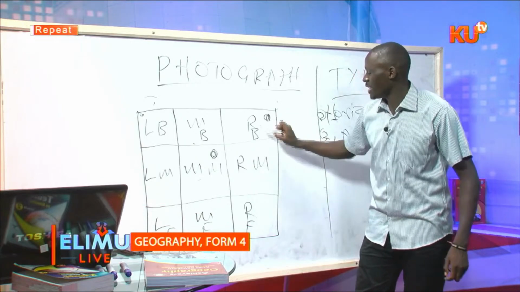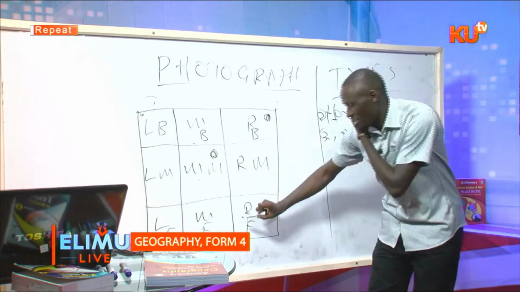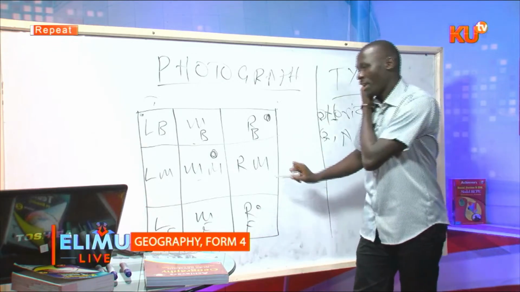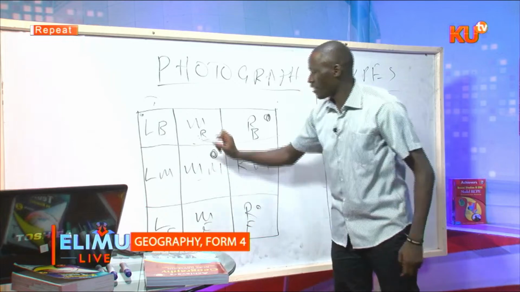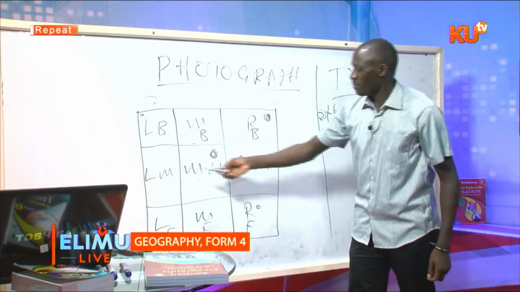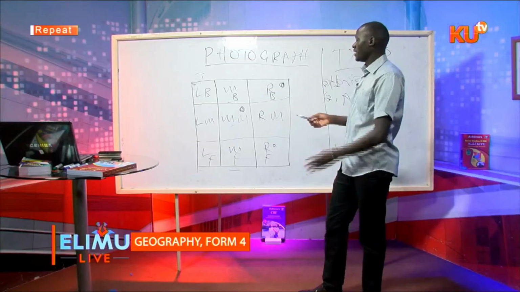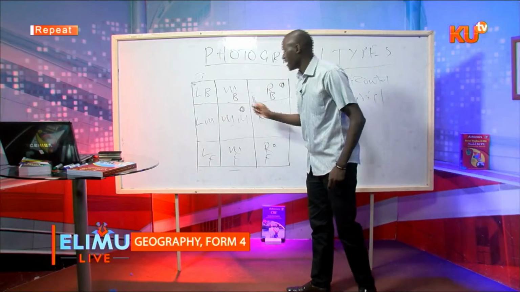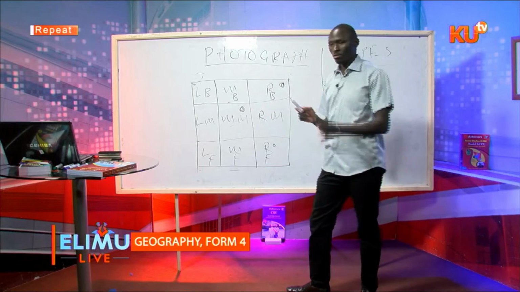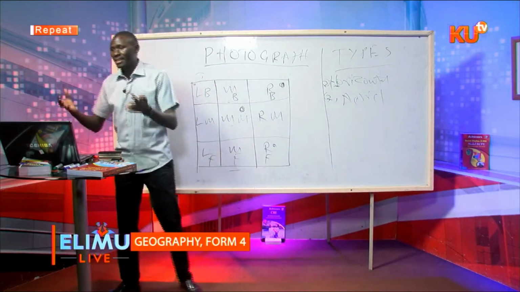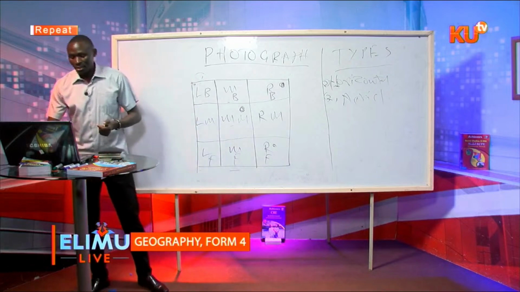If it is here, you say the right background. Or if it is down here, you can say it is the right foreground. So we have the background, the middle, and the foreground, and each is subdivided into left, right, or middle. So learners, that is how a photograph is divided.